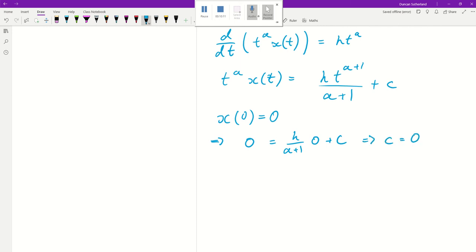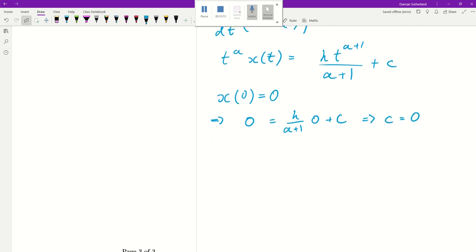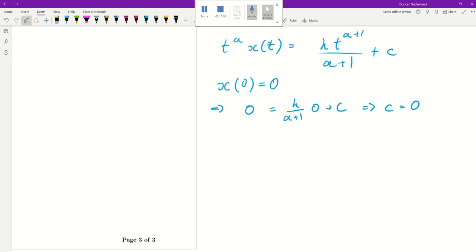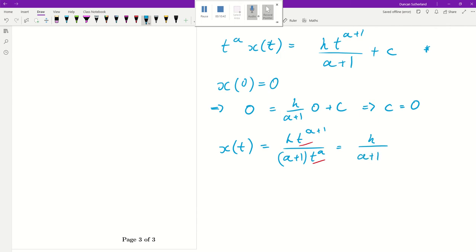So c is equal to 0, courtesy of our initial conditions. Finally, we want to rearrange this expression here for x of t on its own. And we can obviously cancel out the t to the a here and here. And we find k on a plus 1 times t.